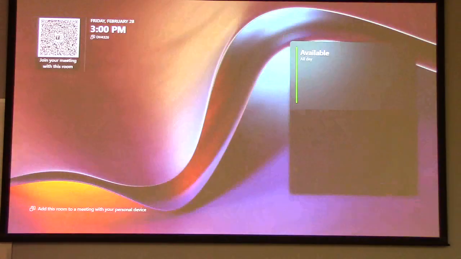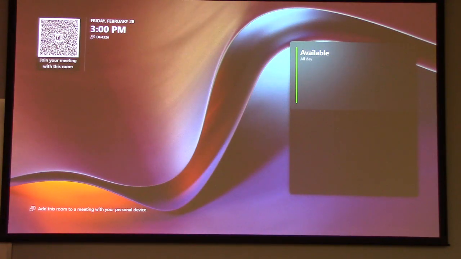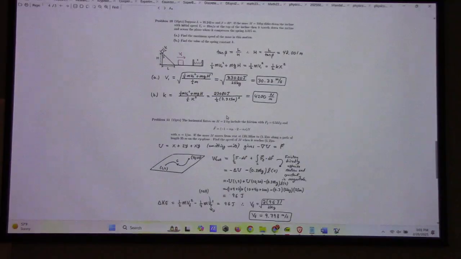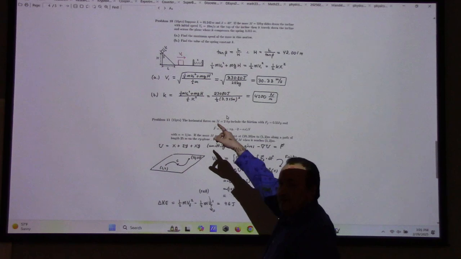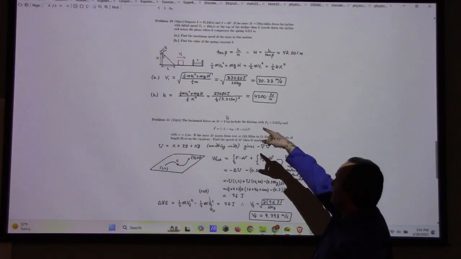Let me show you one thing, and we'll stop here. I just wanted to show you a problem. Here's a page from last year's test. Number one, I had a box sliding down an incline and it compresses a spring.